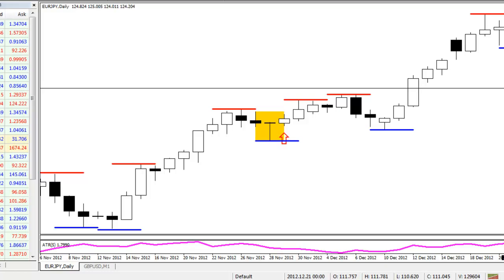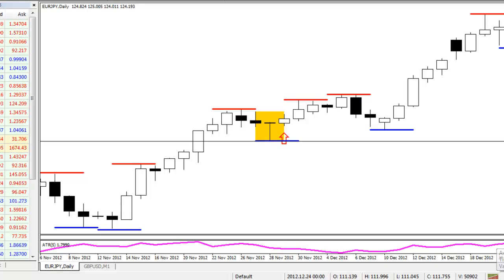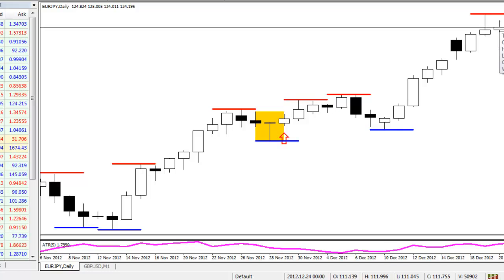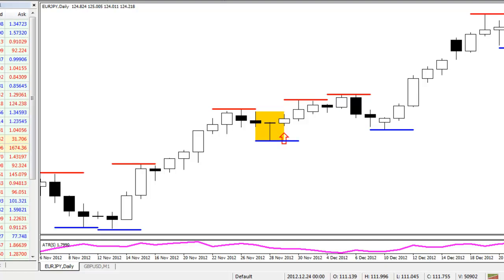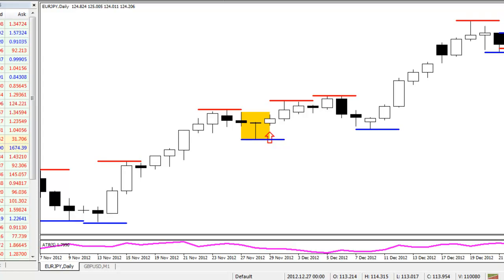And the take profit on this trade is the ATR5, which in this example is 117 pips. 1.17 is 117 pips. Our stop loss is around 93 pips. So again, we have ourselves a positive reward to risk trade. We can see that once we got into the trade, it ran very aggressively in favor.